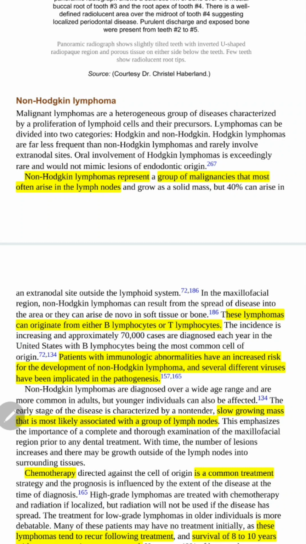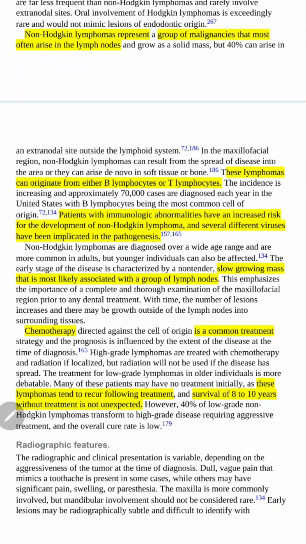Let's talk about more invasive lesions. Non-Hodgkin lymphoma represents a group of malignancies that most often arise in the lymph nodes. They can originate from either B lymphocytes or T lymphocytes, and they are associated with patients with immunologic abnormalities. Several viruses have been implicated in the pathogenesis.